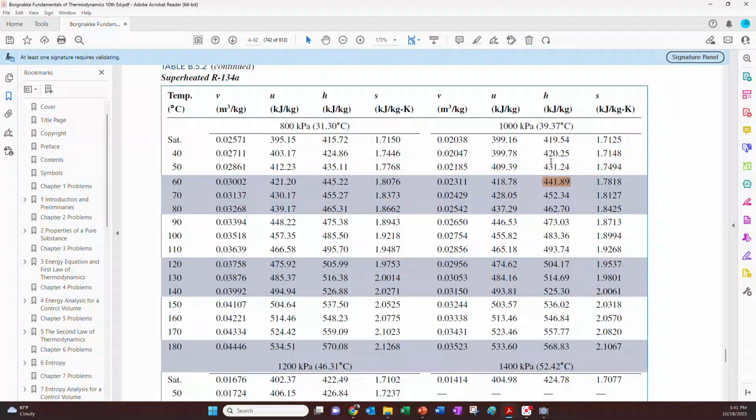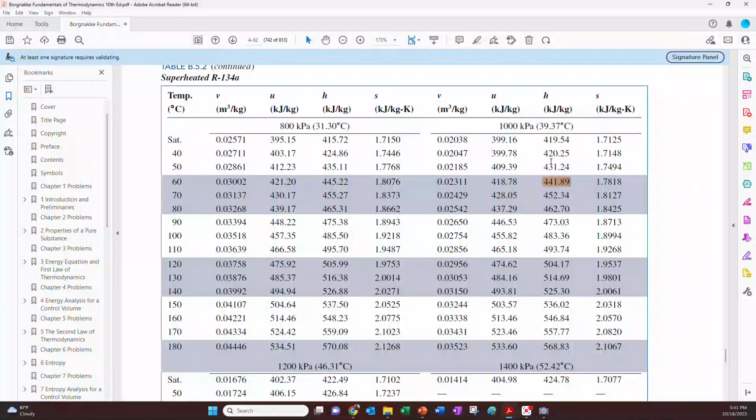So I'm going to write that down. Table B.5.2, at PR1 equal to 1000 kPa, and TR1, yes, TR1 equal to 60 degrees Celsius.